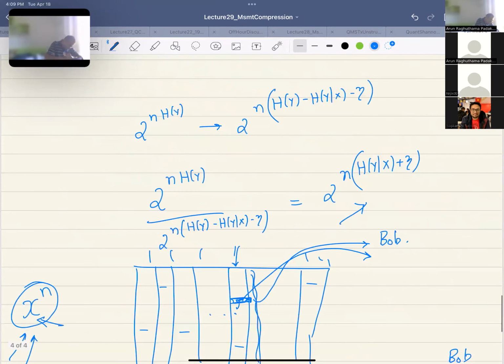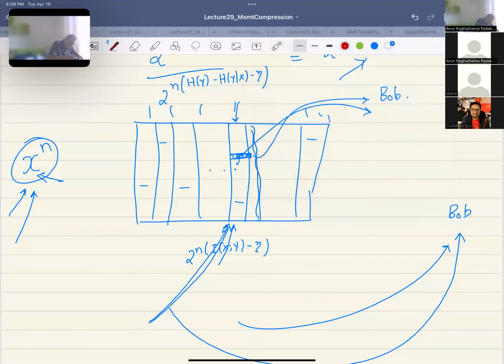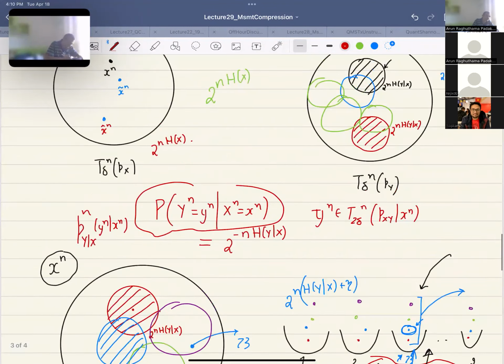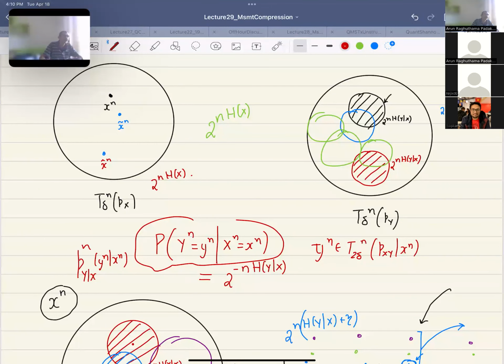Similarly, if she sees a red xn, she will pick something conditionally typical with the xn that she sees, and again nature is picking the bin uniformly at random. If you tell Bob which conditional typical sequence she saw in that bin, and Bob is also told the bin index, and he pulls out that yn, this xn and this yn will look as though they are coming from nature. Do you get this approach?